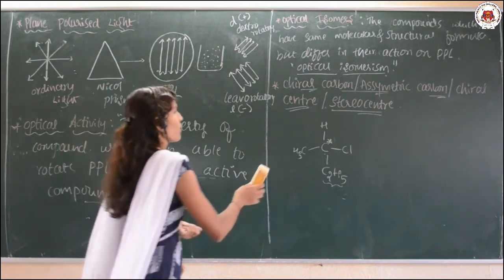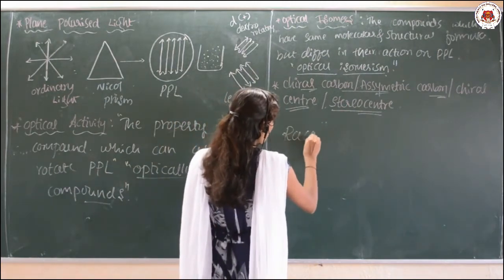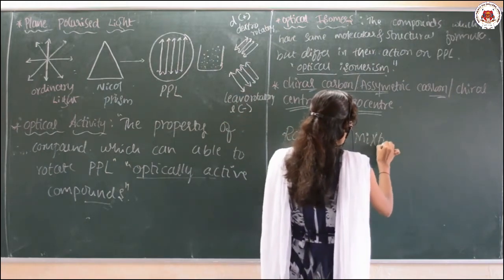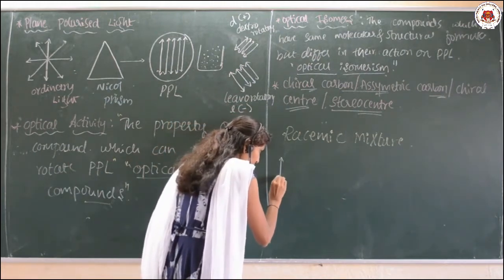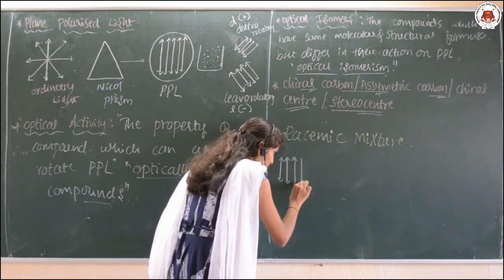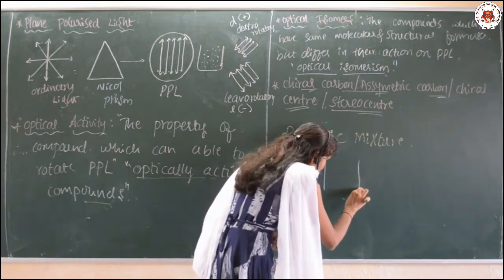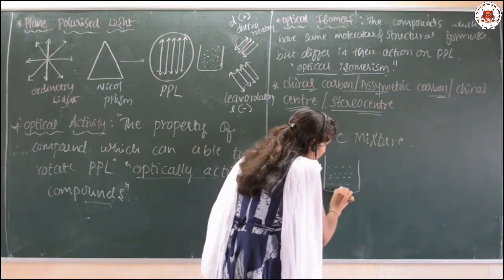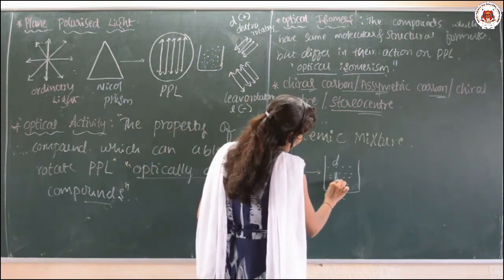Clear? Let me tell you here only, that is racemic mixture, which we talk about in the case of the SN1 reaction. Suppose this is a plane polarized light. I am passing this plane polarized light through an optically active mixture, and just imagine it has both D type and L type of the compound.